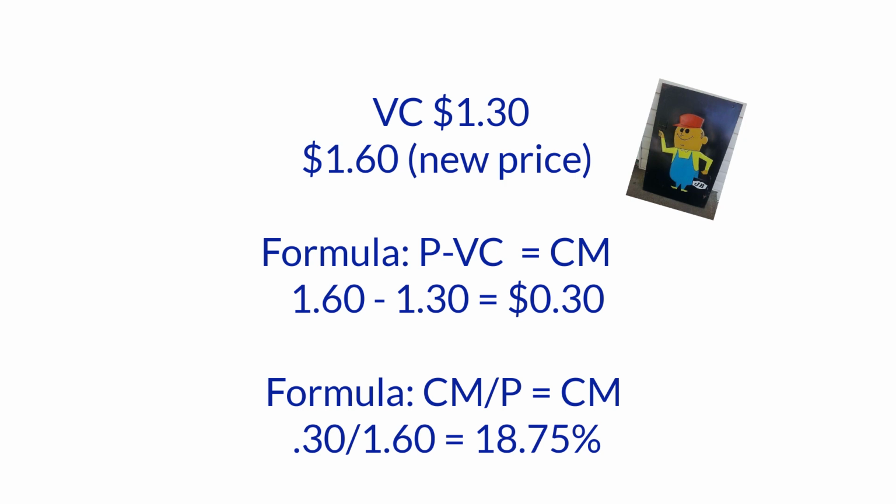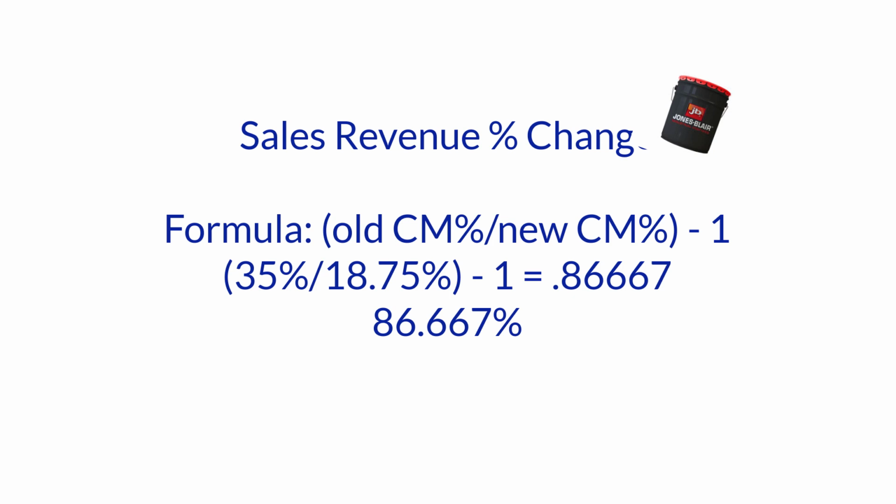We take our new contribution margin of 30 cents and divide it by the new price of $1.60 and adjust for the percentage. That gives us 18.75%.